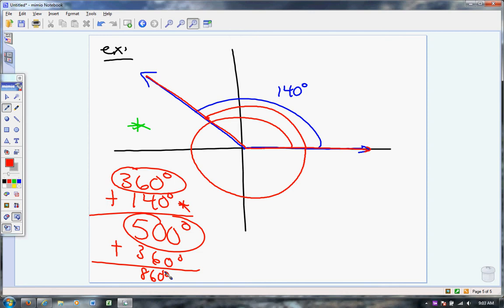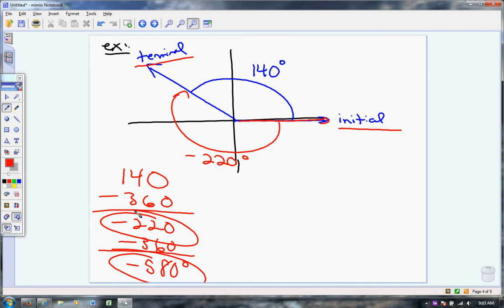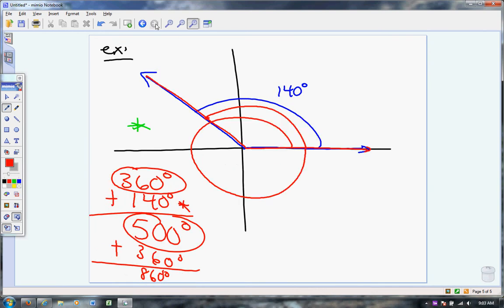And guess what? Back to this one, I could subtract 360 again. And negative 580 degrees is also a coterminal angle. So there's an endless number of possibilities. Negative 580 is coterminal. Negative 220 is coterminal. And on this side, 500 is coterminal and 860 degrees are coterminal. All right?